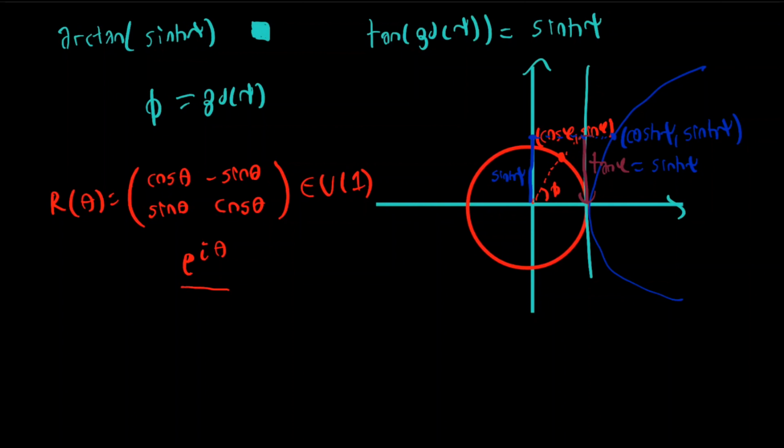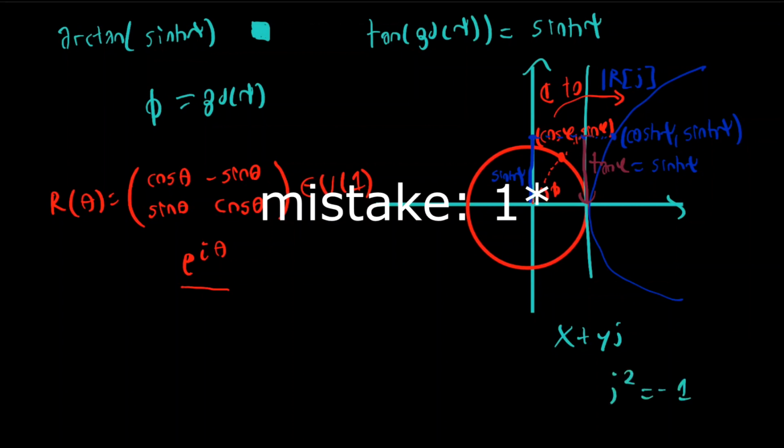In fact, this is U1, as we said earlier, so the group of complex numbers of norm 1, and unitary split complex numbers. And well, split complex numbers are nothing but a hyperbolic version of complex numbers that can be written in the form x plus yj, where j squared is equal to 1 instead of minus 1.